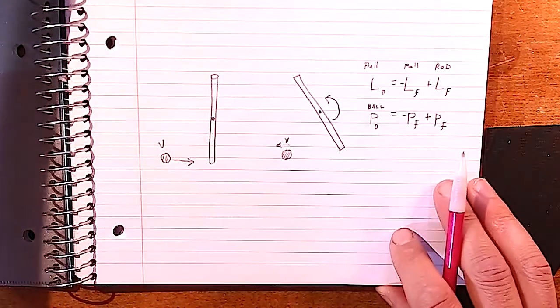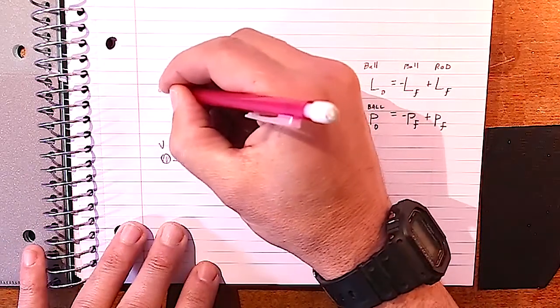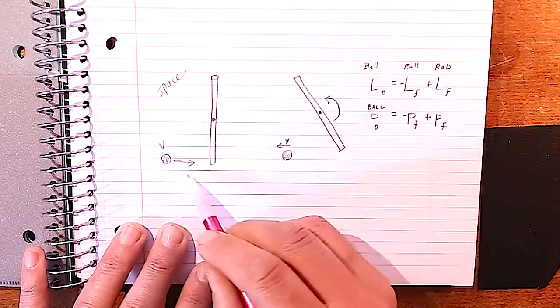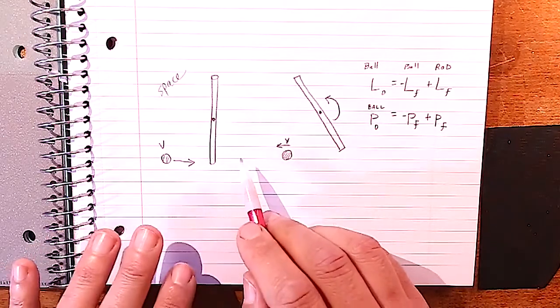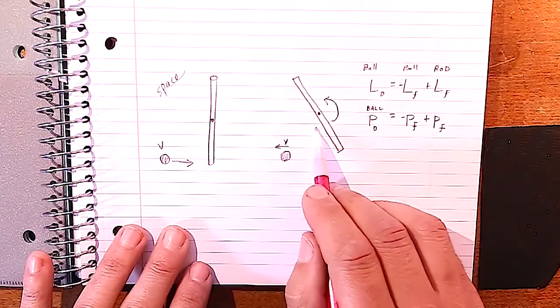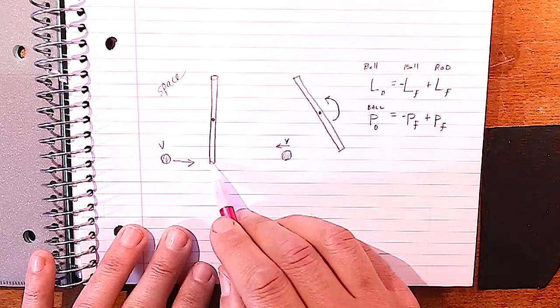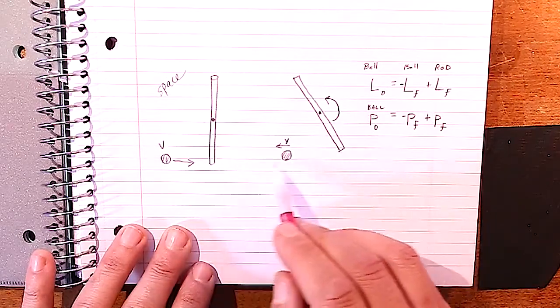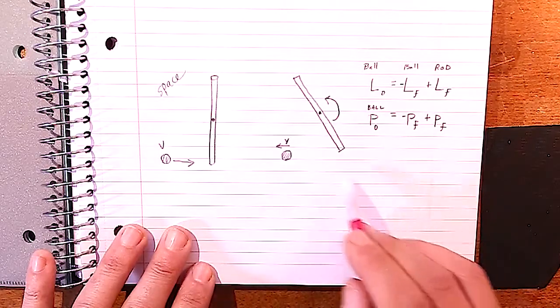So let's look at a ball rod problem. We'll say that this is in space, and we have a ball that comes in and hits a rod. First off, we know that objects will rotate when they're free to rotate about their center of mass. So we can picture that this ball will hit the rod and it might bounce off. It depends on its mass. It might continue on. It might go off at an angle.